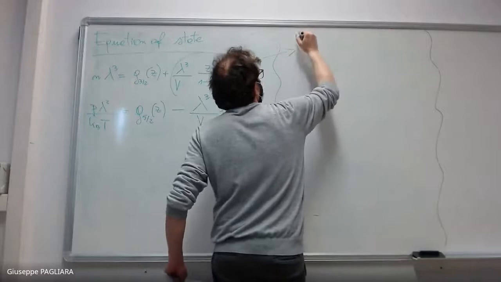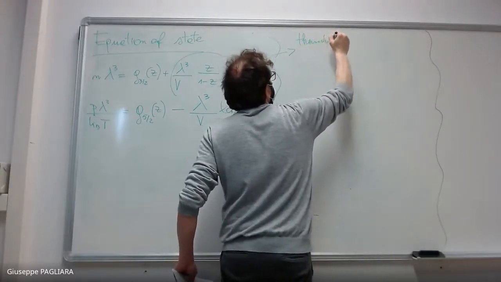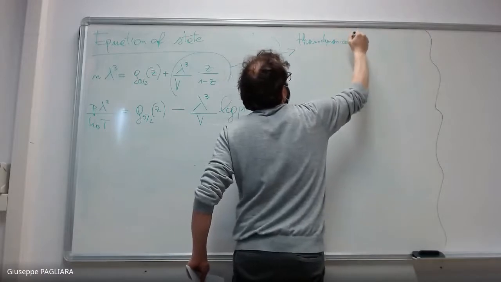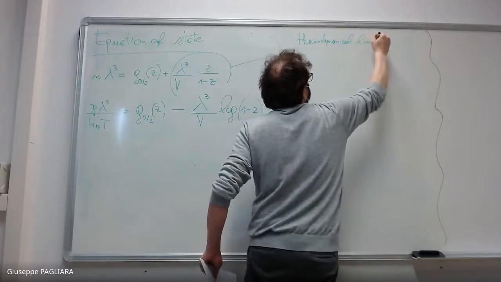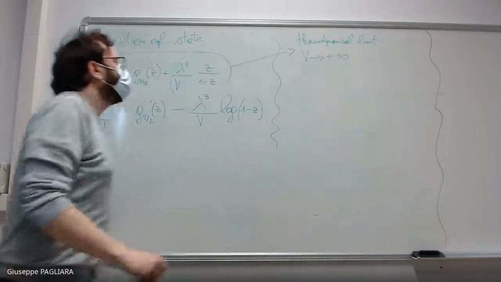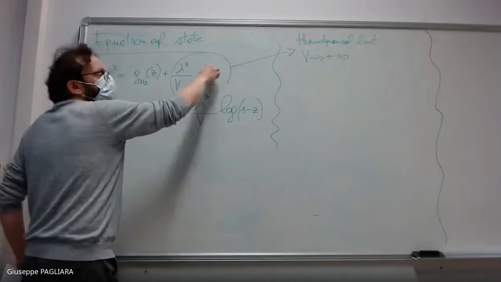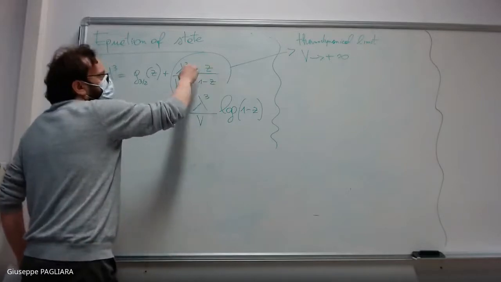So in the thermodynamical limit, V is sent to infinity, and if I want the product, well, this goes to 1, okay? So it's finite, the number is finite.